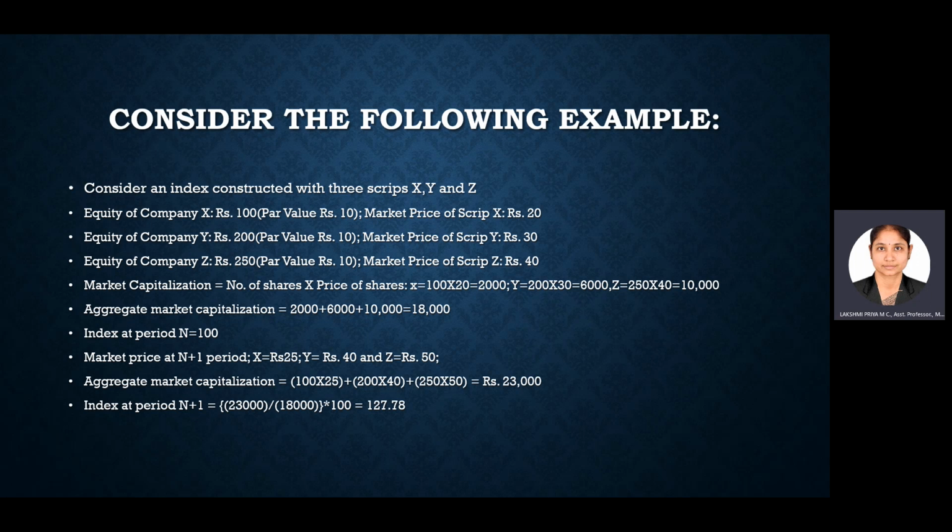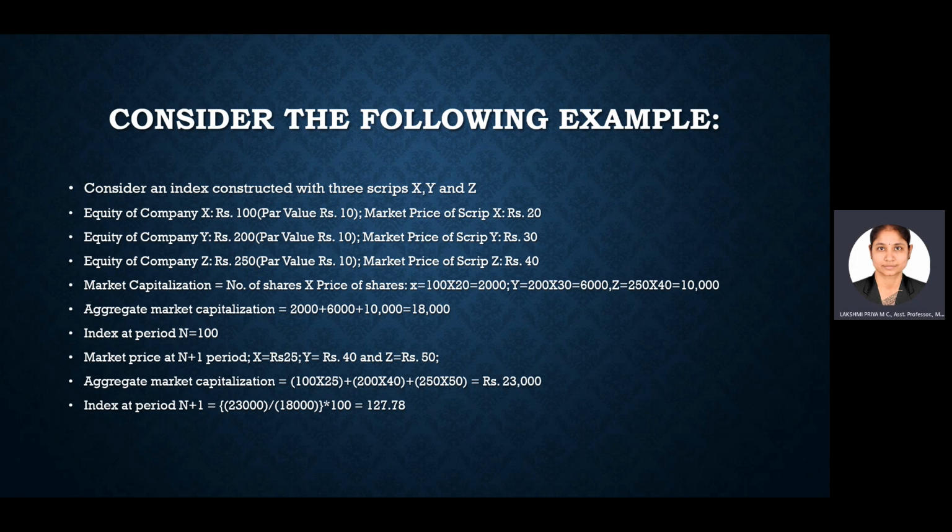So now the index at period n plus 1 is calculated as market capitalization at period n plus 1 divided by market capitalization at period n, multiplied by 100, and now the Sensex is 127.78. This is how the BSE Sensex is also calculated.